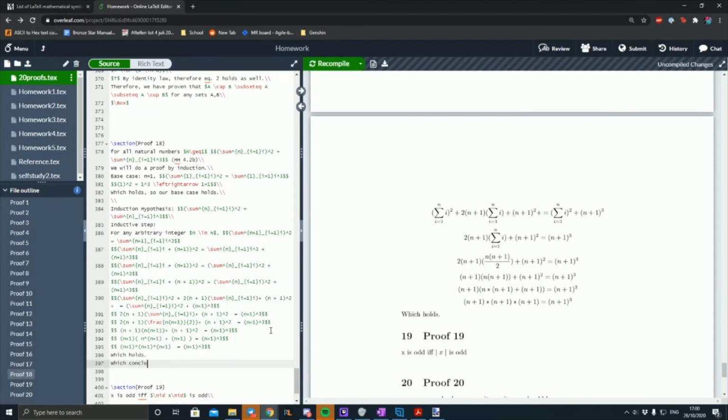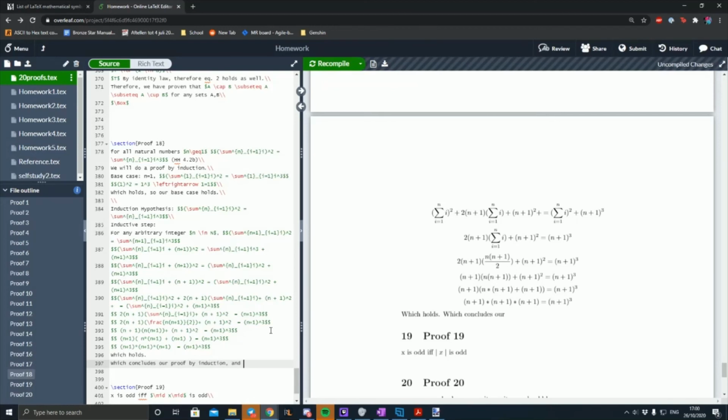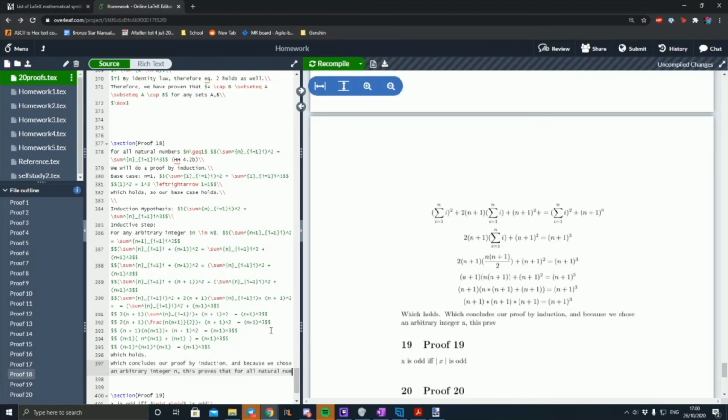Which concludes our proof by induction, and because we chose an arbitrary integer n, this proves that for all natural numbers n, this thing holds.